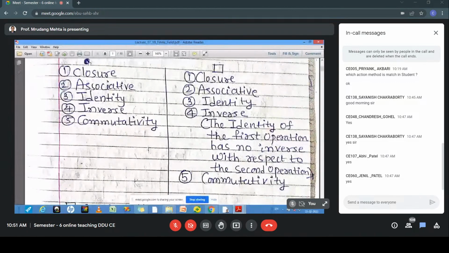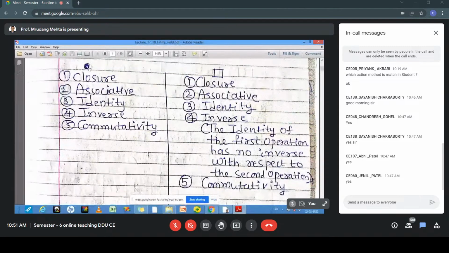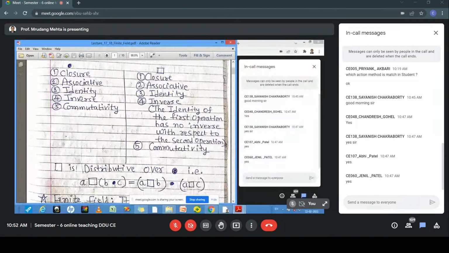So we have to see that this is the first operation, first operator, and it satisfies five properties: closure, associative, identity, inverse, commutative. And you have already studied this concept in your elliptic curve cryptography, right? So you understood the concept of closure, associative, identity, and inverse.